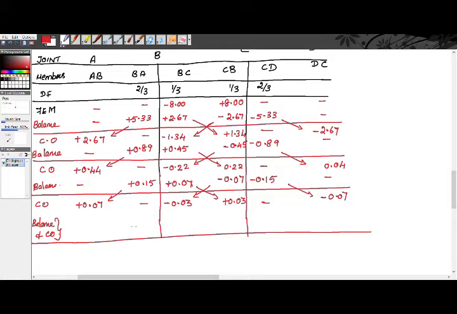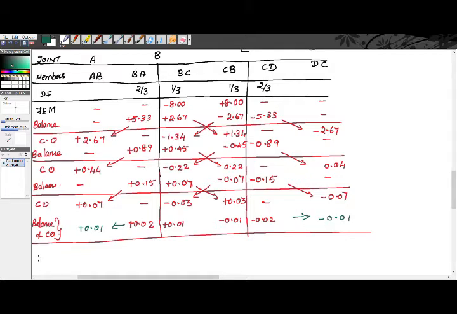Here it is plus 0.02, plus 0.01, minus 0.01, minus 0.02. Now, when we carry over to the ends, half of this will be carried to end A, so it is plus 0.01, and half of this will be carried to end D, so it is minus 0.01.